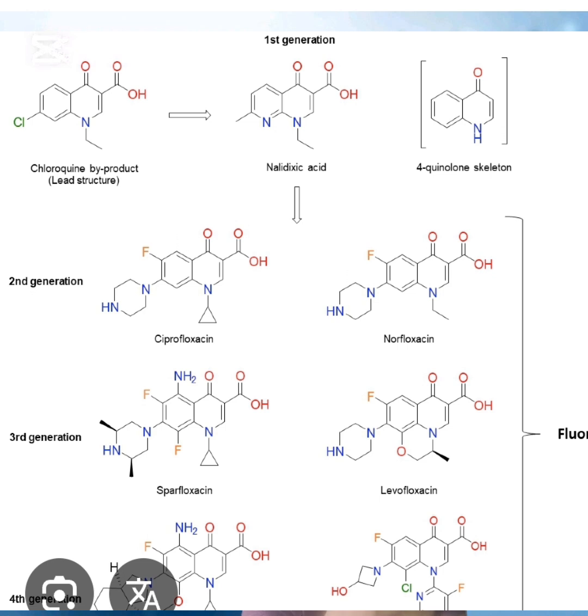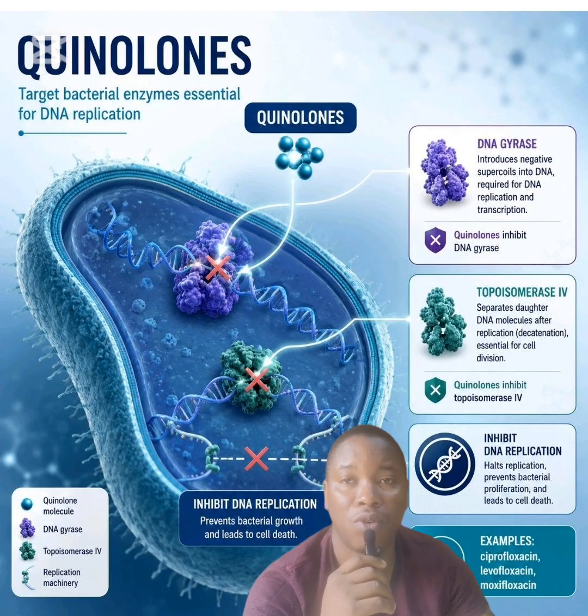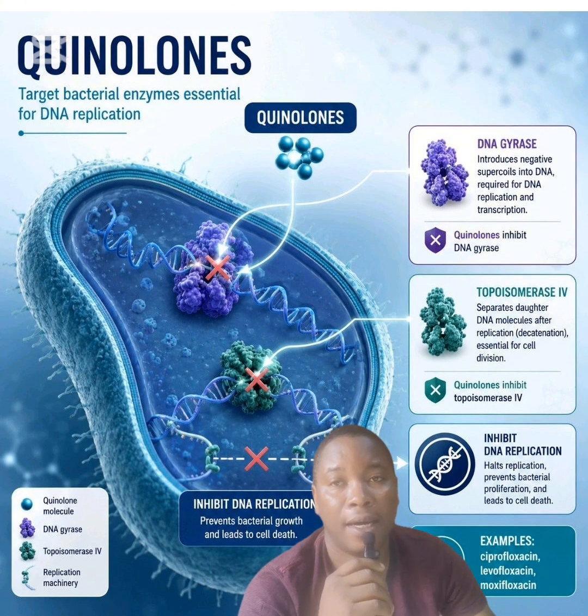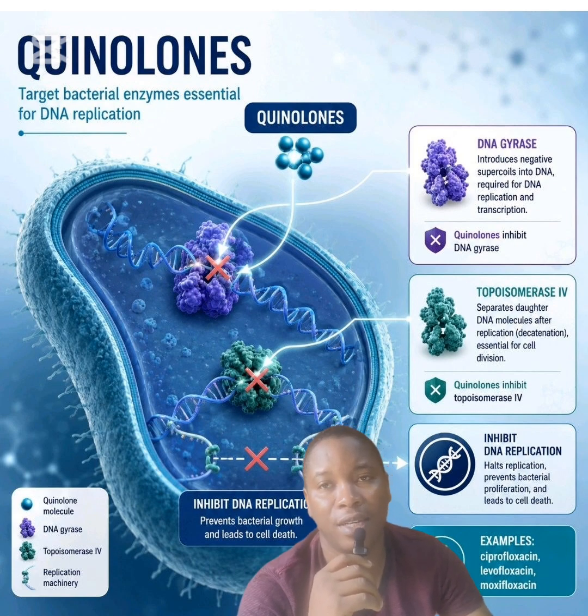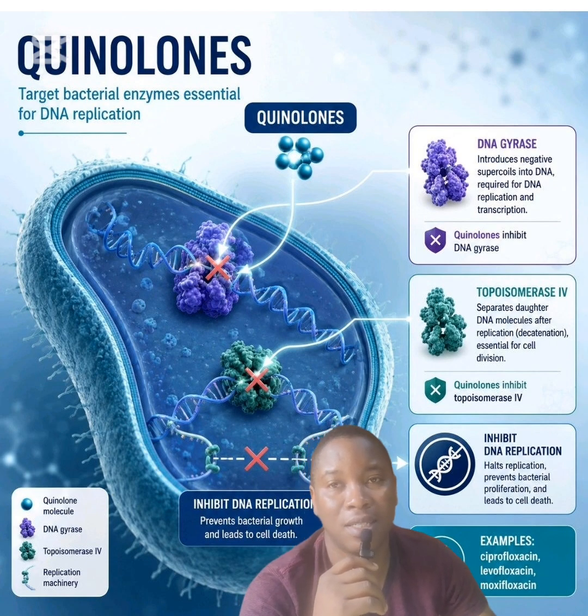Now, what's the mechanism of action of fluoroquinolones? Fluoroquinolones are antibiotics that are able to inhibit DNA synthesis. Antibiotics work in quite a number of ways, and one of such ways is the inhibition of DNA synthesis. For an organism to be able to divide and replicate efficiently, it needs to be able to synthesize new DNA from pre-existing DNA.